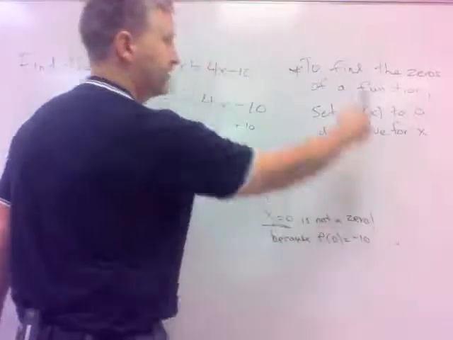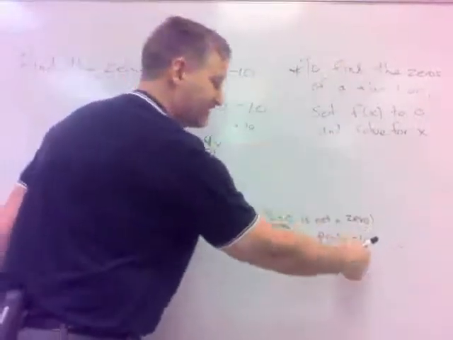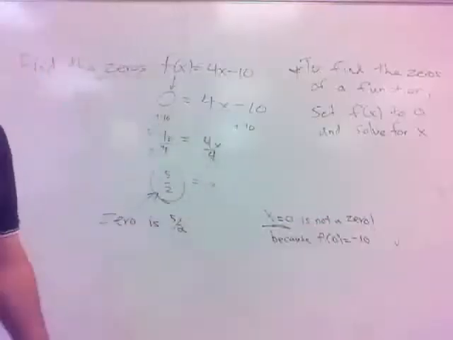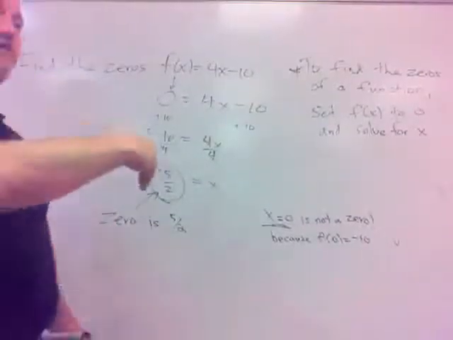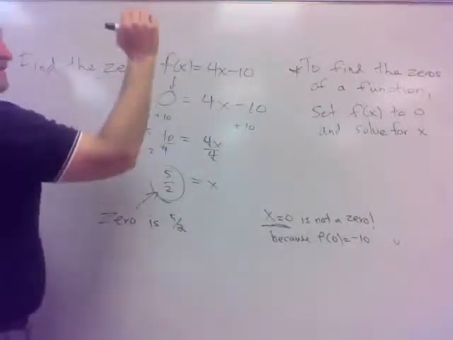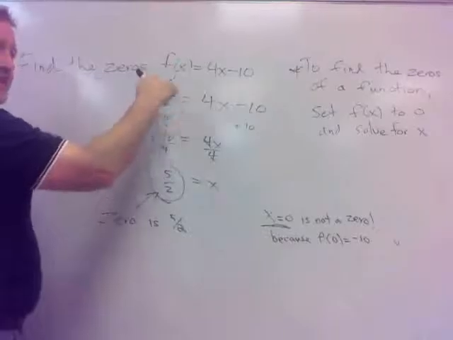And that is not a 0, is it? -10, f of x is -10. That's not a 0. Now, sometimes when you plug in 0, you get 0, and that would be a different case. But, yeah. When you're finding the zeros, it's f of x equals 0, not the x is 0.